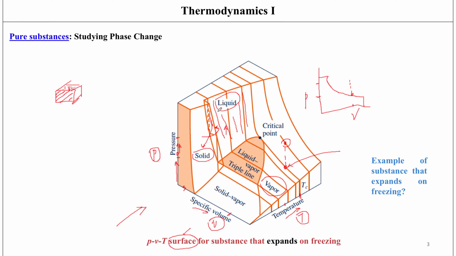You get this, right? What am I trying to do here? By increasing the pressure here, I'm trying to compress the liquid over here. And because this is a surface, again, I'm emphasizing this is a surface, what that means is that if I was to increase the pressure, the specific volume is not going to decrease that much.